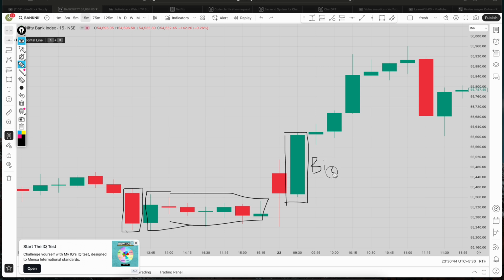Sorry for the handwriting, guys. So we have three types of candles. One is big, which shows a huge buying pressure, then a medium size candle, and then a small size candle, which show the intensity or amplitude of the selling pressure or the buying pressure in that particular region.